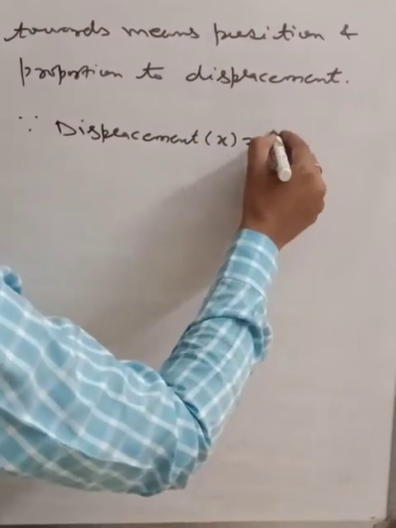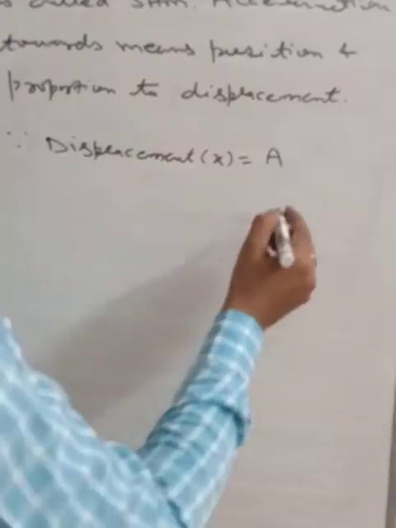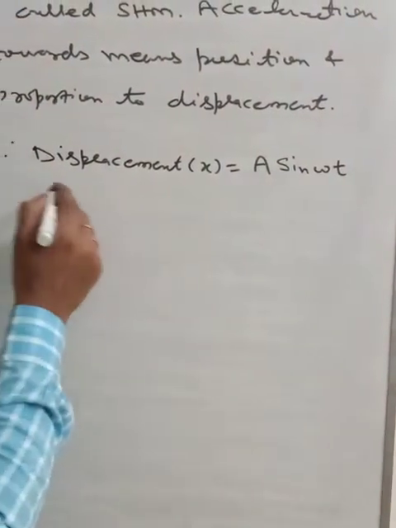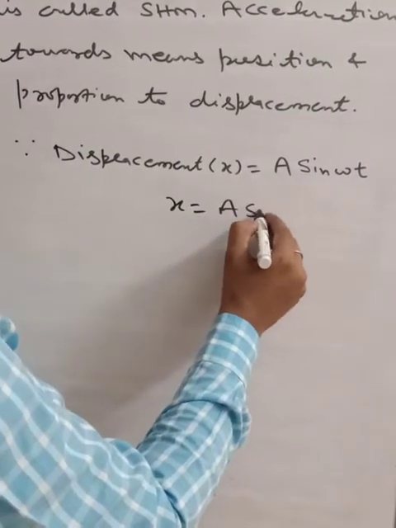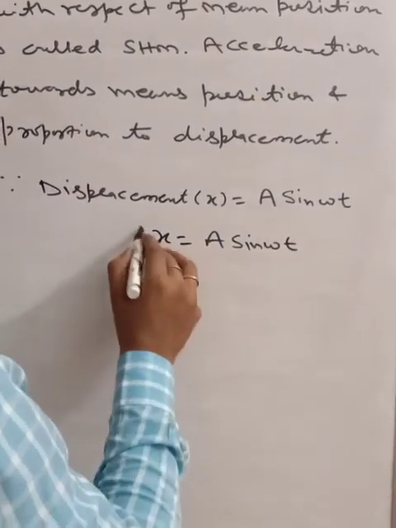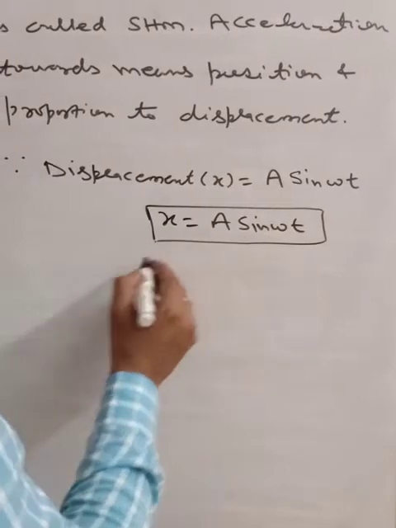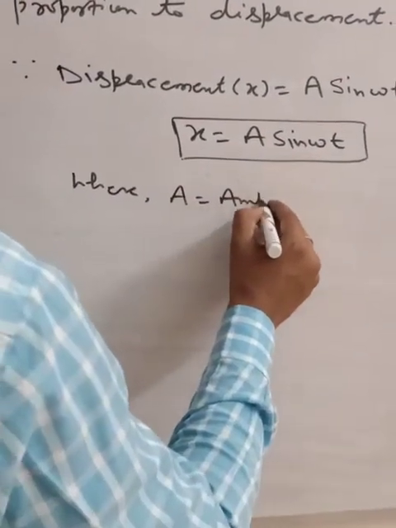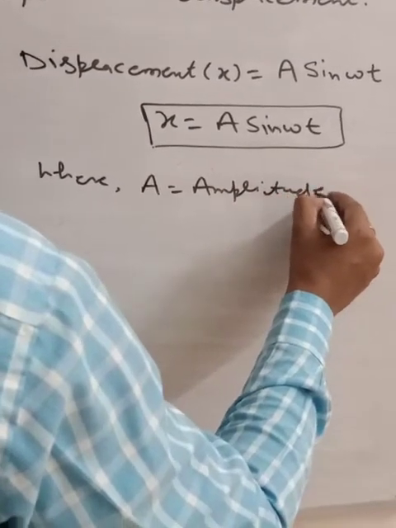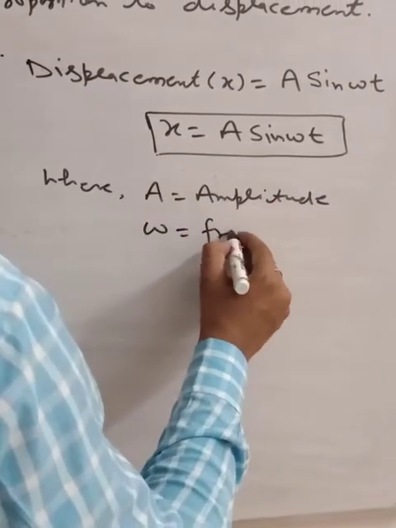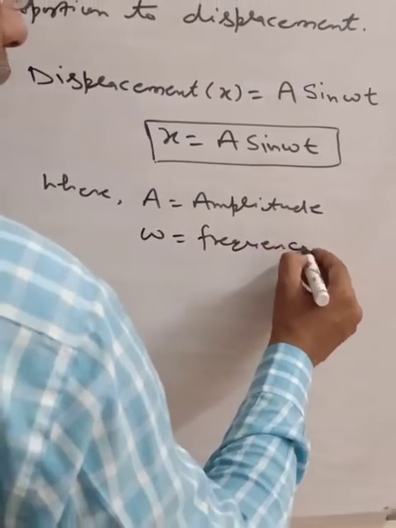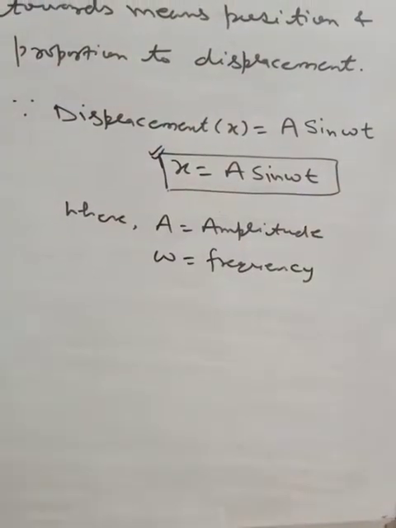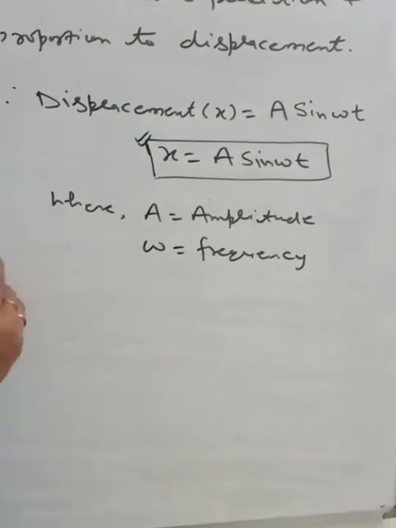Now if we consider a solution of simple harmonic motion, the displacement x is given by A sin omega t, in which A is the amplitude and omega is the frequency. This is the simple harmonic motion displacement.